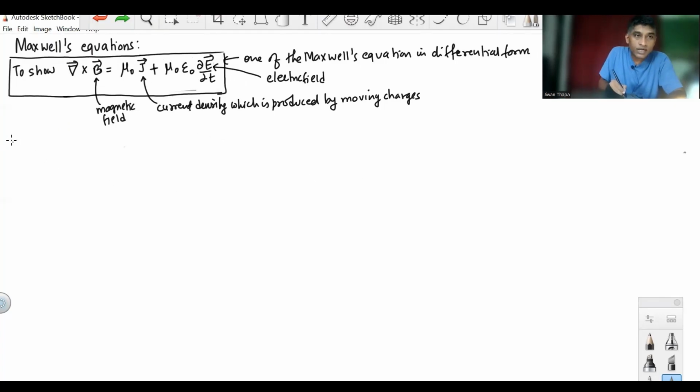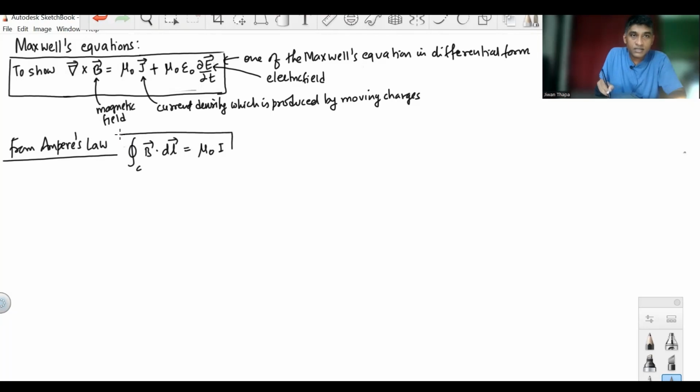Okay, so I'm writing from Ampere's law. Line integral of magnetic field throughout the closed path equals mu naught times the current inside the closed path. So let's call it equation 1. Clear?